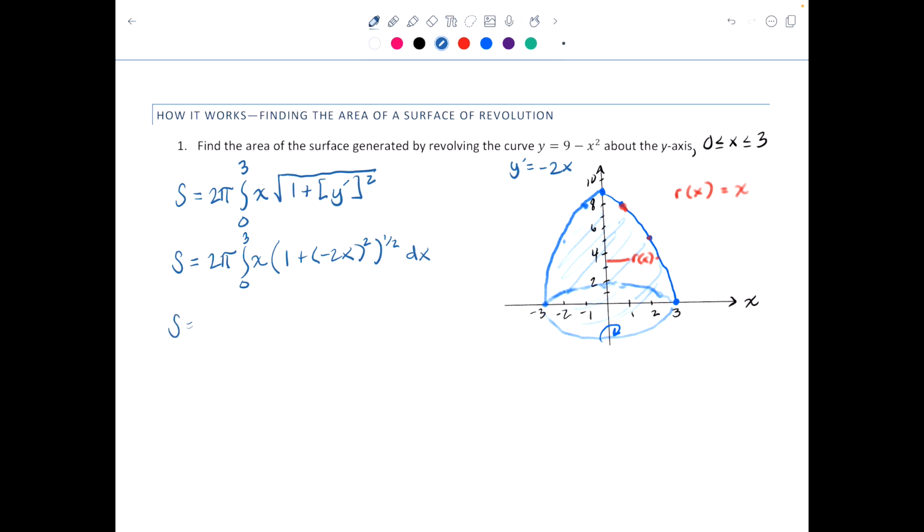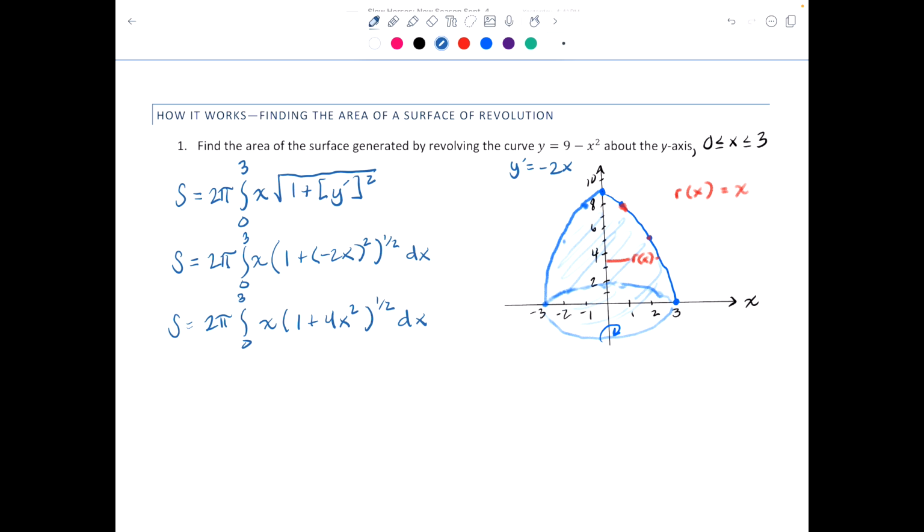So S equals 2 pi integral 0 to 3 x times 1 plus 4x squared, all of that to the 1/2 with respect to x. So if we take a look here, if u was equal to 1 plus 4x squared, du would be what? 8x dx, right?